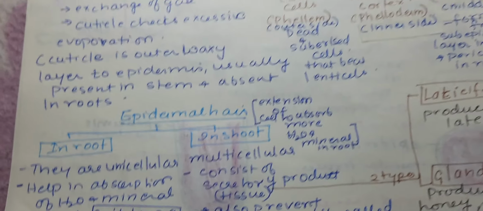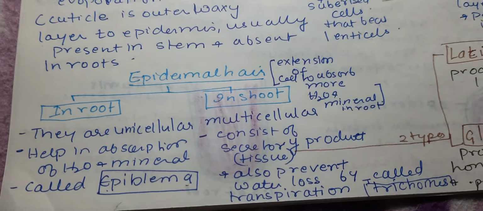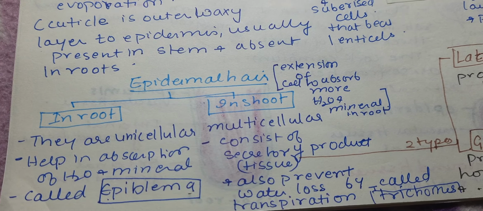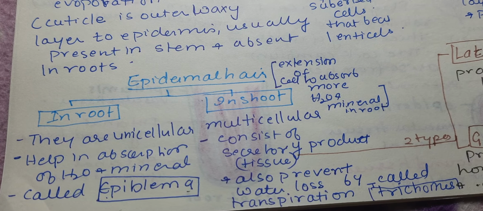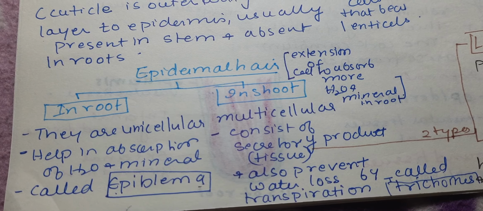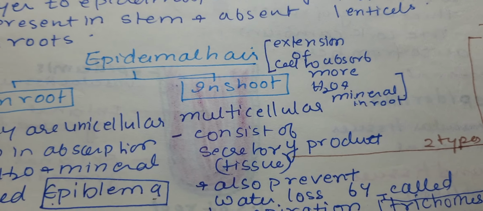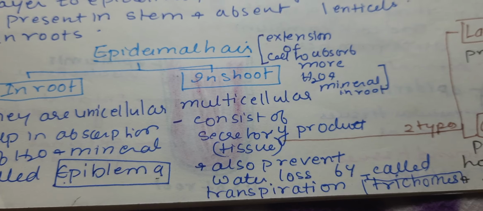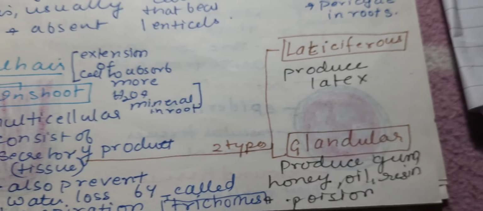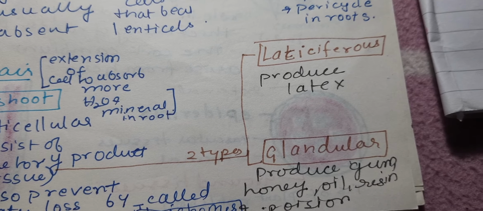Okay, and then if you compare the epidermal hair in shoot and root, you will find that in root they are unicellular, whereas in shoot they are multicellular. Unicellular hairs help in the absorption of water and minerals, whereas in shoot the epidermal hairs have a secretory function. There are two different types of modification seen: lacticiferous and glandular.